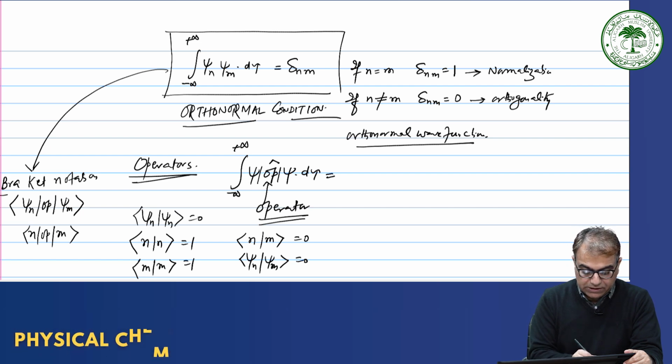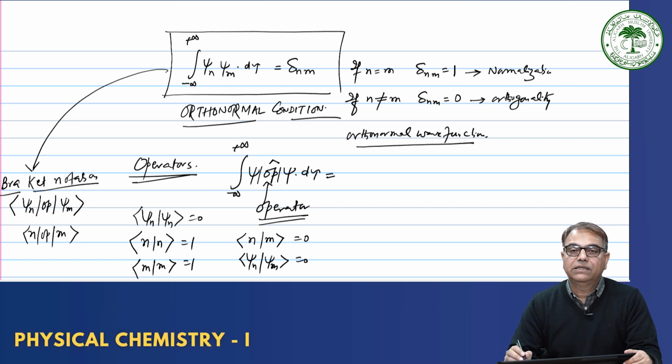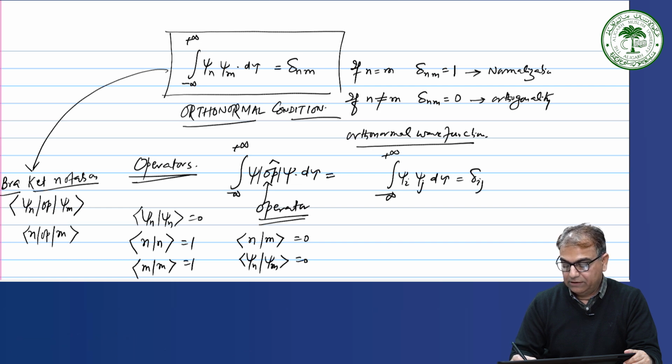So, bracket notation is another way of writing the same integral, which we use as psi m psi n d tau, or psi i psi j. You can write anything. Psi i psi j d tau is equal to delta ij. This delta ij or this delta nm is called the Kronecker delta.